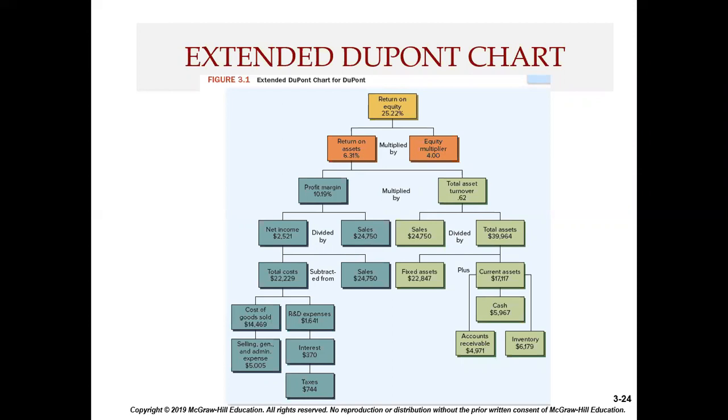So profit margin is net income divided by sales. What's net income? Sales minus costs. What are the costs? And there are those amounts. So we could flowchart this so that these ratios also make more sense to us using the DuPont method.